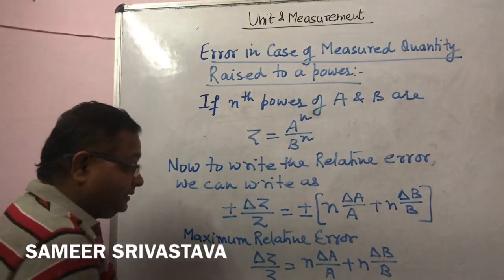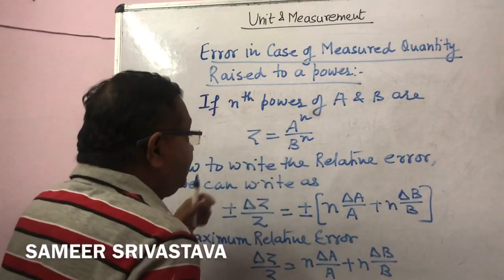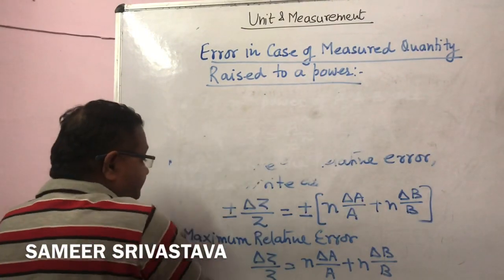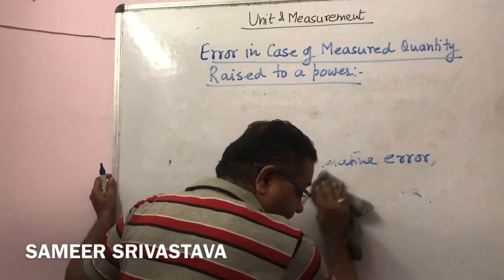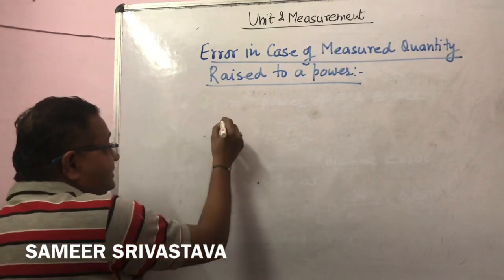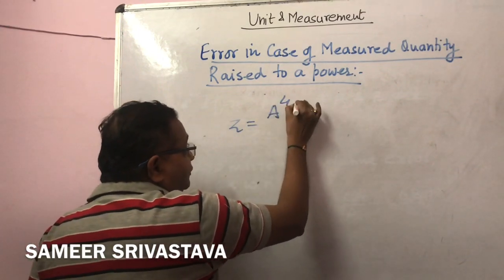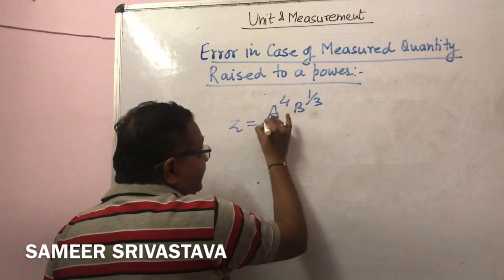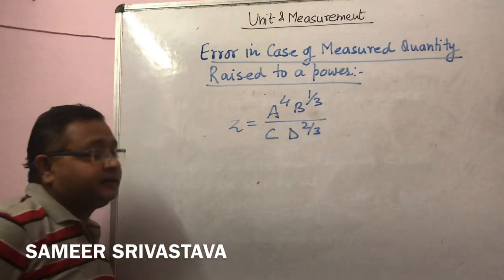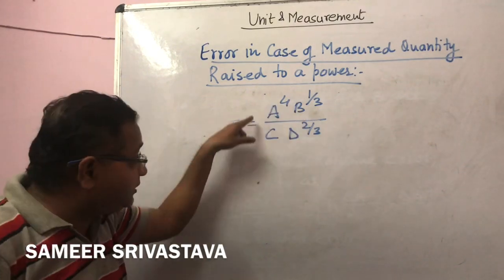Right? I am taking one example here to explain how we can write the power condition. If the equation is z is equal to a to the power 4 b to the power 1 by 3 upon c d to the power 2 by 3, you can write the fractional error for this equation.